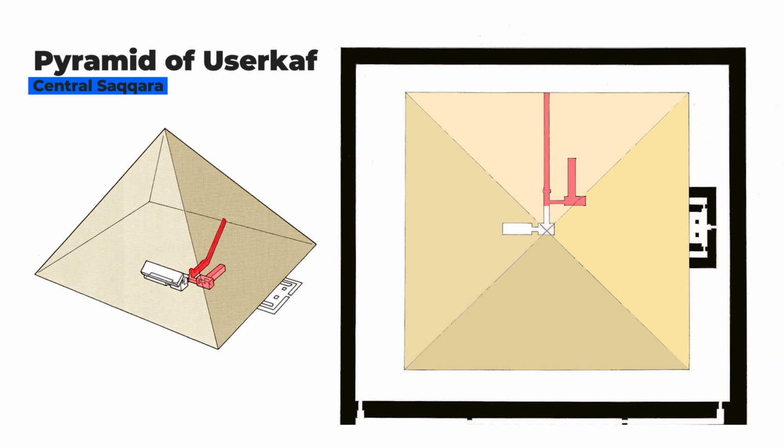Behind the granite barrier, the corridor branched eastward to a T-shaped magazine chamber, which probably contained Userkaf's funerary equipment. The presence of such a magazine chamber, located under the base of a pyramid, is unique among all 5th and 6th Dynasty pyramids.